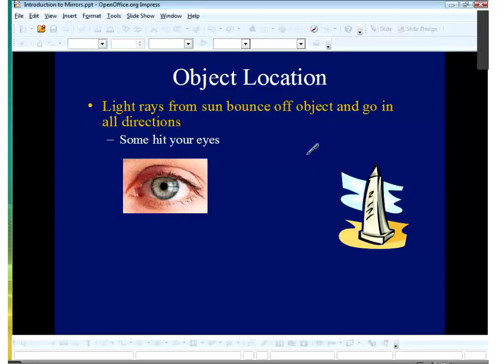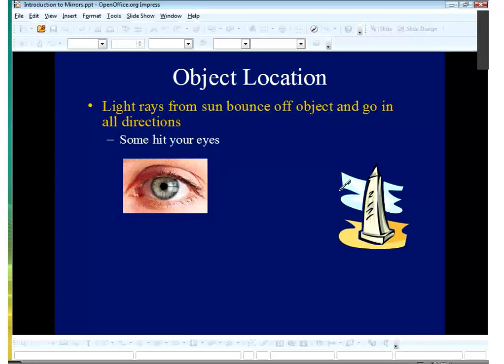Sunlight would hit that object, and after hitting it, some part of it will bounce back, some part will be absorbed. And in the part that bounces back, some very small part will reach your eyes.